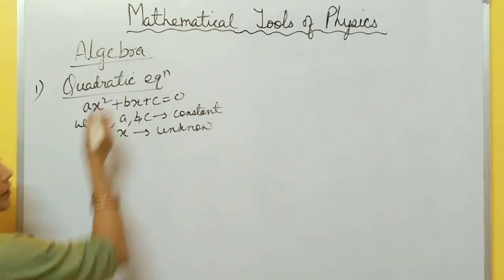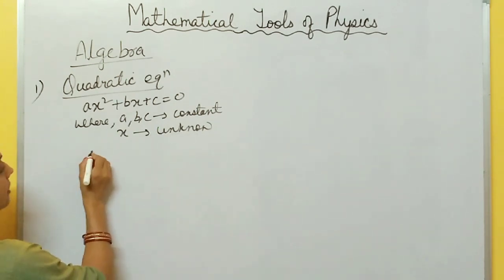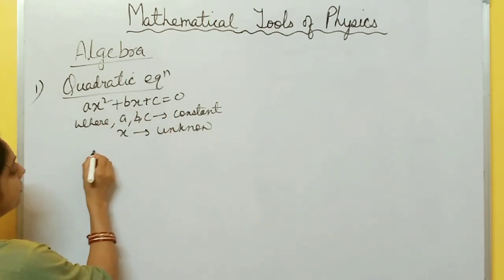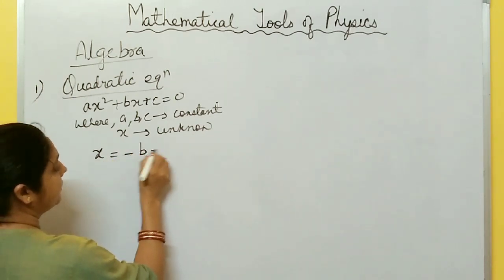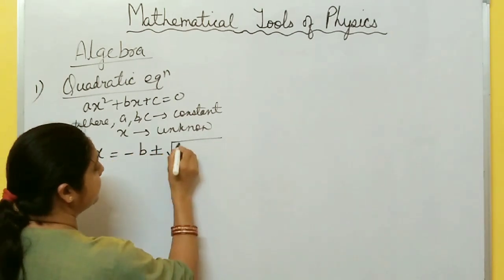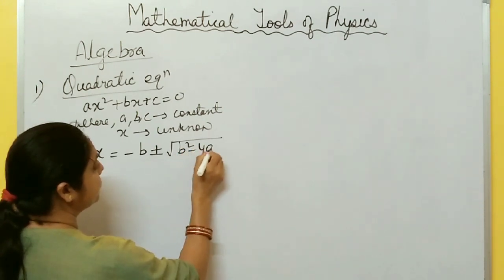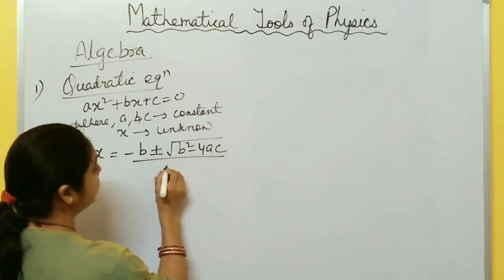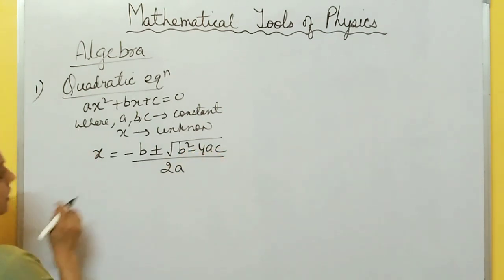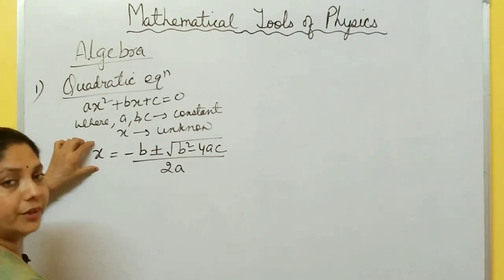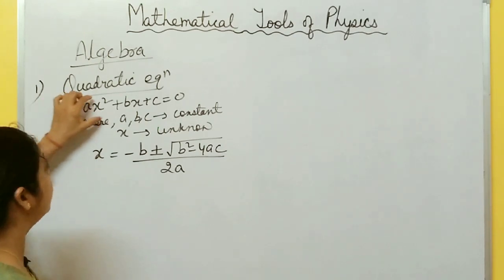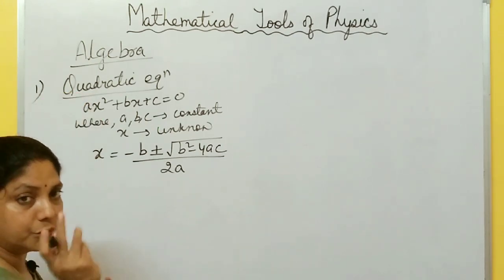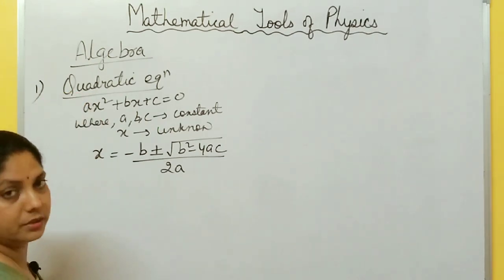So how do you find the 2 values of x? The general solution of this type of equation is x equal to minus b plus minus under root b square minus 4ac, by 2a, right? These are 2 different values of x. You can also say roots of these equations. 2 values of x are also called roots, right?